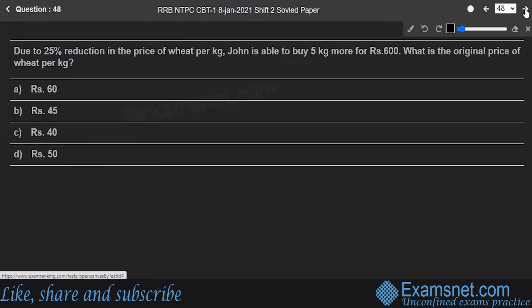Hope you understood this. Next is question number 48. Due to a 25% reduction in the price of wheat per kg, John is able to buy 5 kg more for rupees 600. What is the original price of wheat per kg? Let's write it down. Reduction percent is 25%.